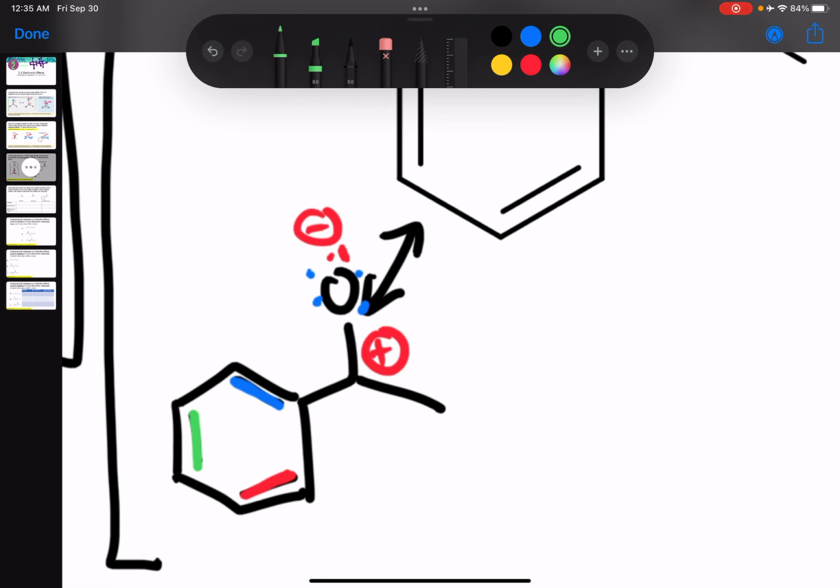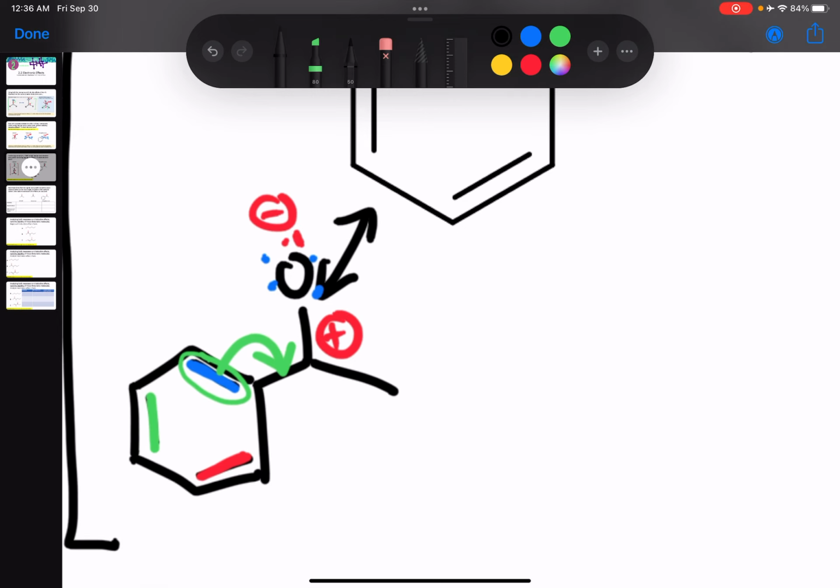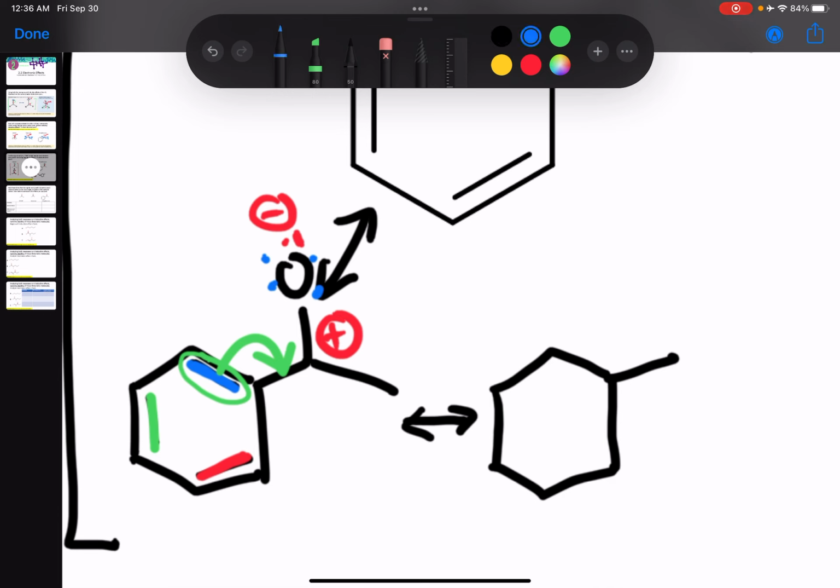One of the moves we can do is take this blue pi bond and push it to become another pi bond on the carbon beside it, the carbon where the positive charge is. In doing so, we have now transferred it here.